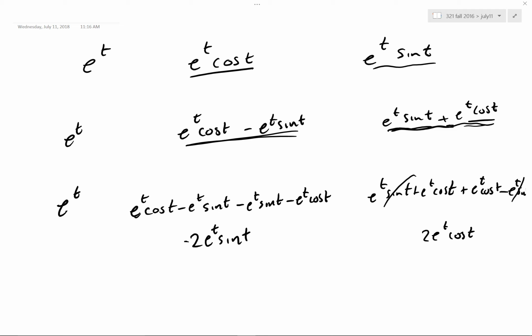And sure, I get e to the 2t cosine t minus e to the 2t sine t. So it's going to be minus e to the 3t cosine squared t plus e to the 3t cosine t sine t. I'll write that over here.